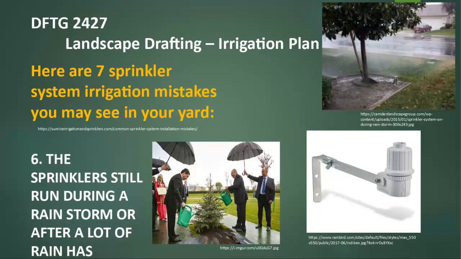Again, a moisture detector will help the system shut down, projecting water, or projecting possible rain. Also, there are these advanced systems that tie into satellites, and they can tell that a storm has come through. They'll shut down the system. You don't have to remember. I'm at fault too. I try to be conscious of the weather, and I'll turn off the system if I remember to do it.